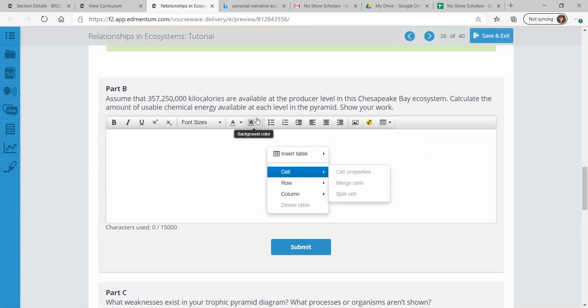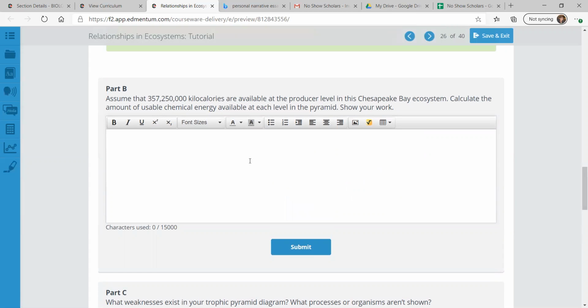And you're just calculating 10% as you move to each level. So an easy way for you to do this. So that's the first level. Then you're just taking off a 0.